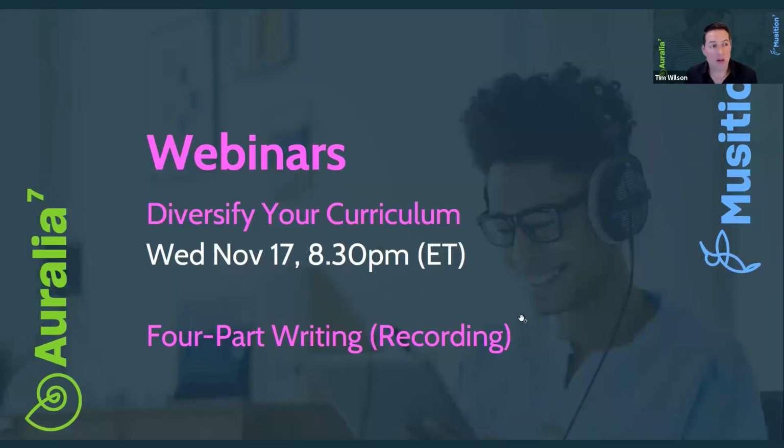Finally, this is the second of 3 webinars in our current series. We do have another one coming up about diversifying your curriculum, not only accessing a lot of the great content that's already in the library, which draws from works by women composers, composers of colour.